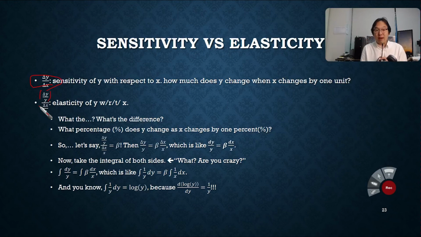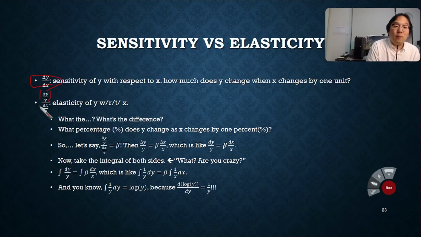This is why the proportionate change of y is in your numerator, and the proportionate change of x is in the denominator. Make sense? Instead of the change itself, you have the proportional change, the percentage change, as numerator and denominator. That's what we call elasticity.